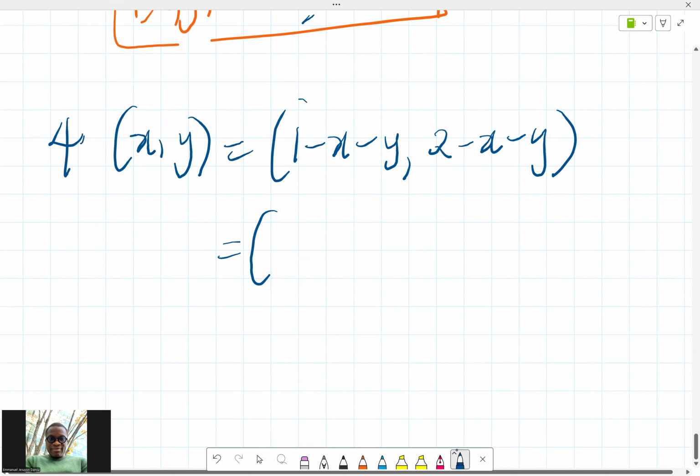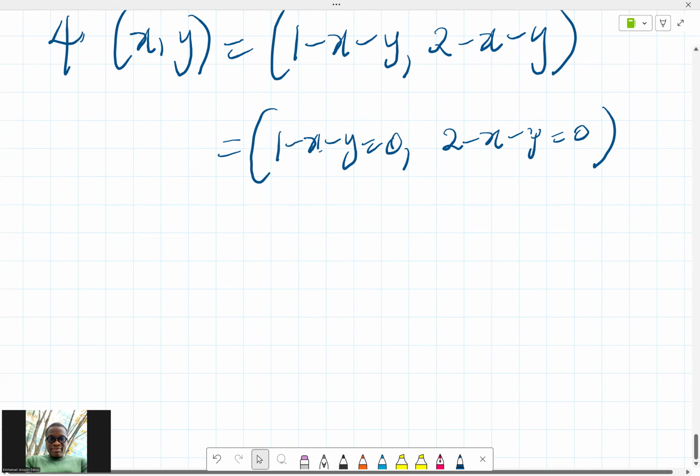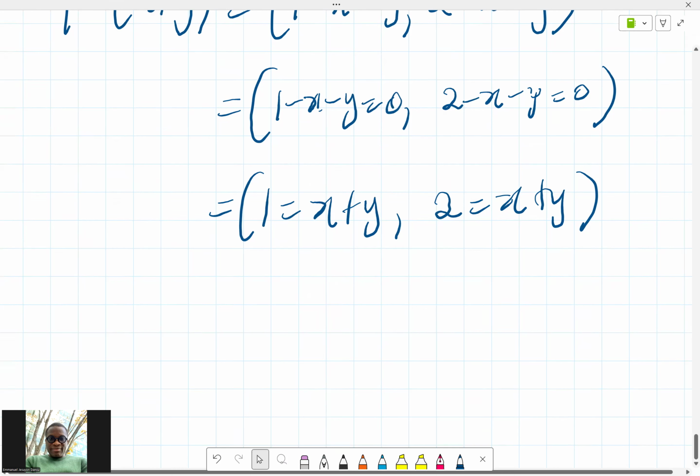So in this case, too, we set them to 0 apiece. So this is 1 minus x minus y equals 0, and 2 minus x minus y equals 0. Okay, so we have to solve simultaneous equations here. So this means that 1 is equal to x plus y, and this means that 2 is equal to x plus y. Okay, so if we solve simultaneously, you have, but this is some kind of contradiction.